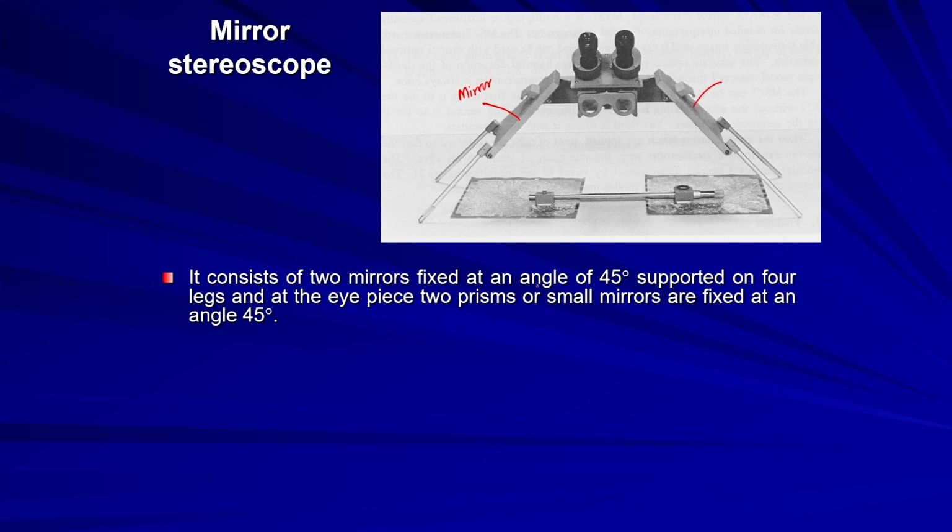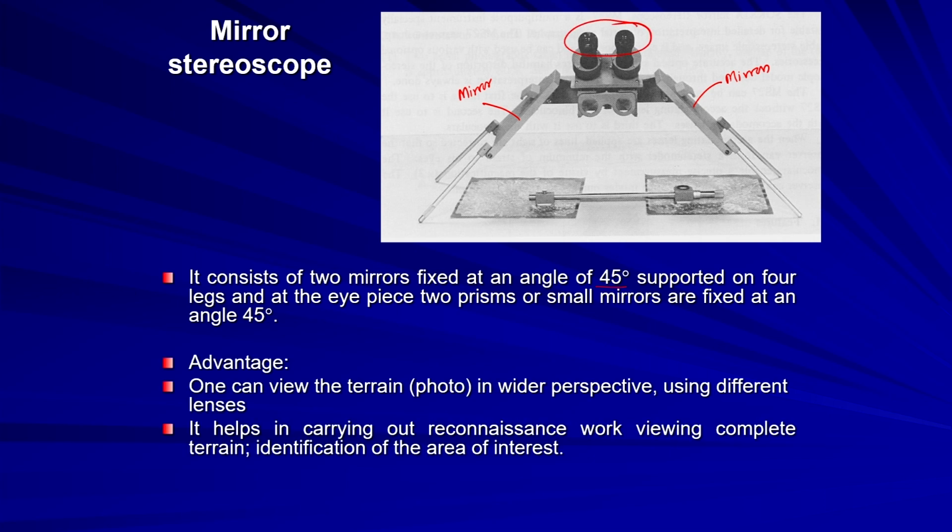It consists of two mirrors fixed at an angle of 45 degrees, supported by 4 legs, and at the eyepiece, 2 prisms or small mirrors are again fixed at an angle of 45 degrees. So, the advantage is that one can view the terrain or the photo in a wider perspective. You can view more area when you are using the mirror stereoscope.